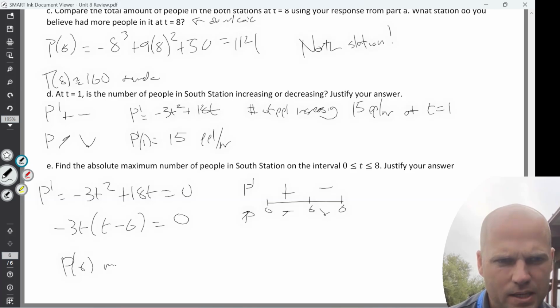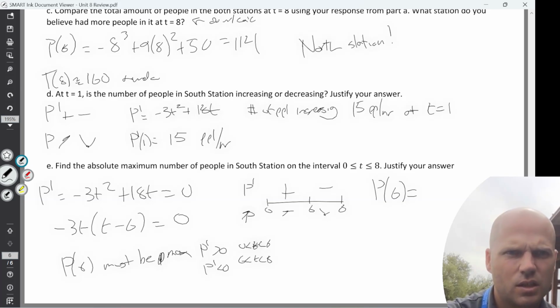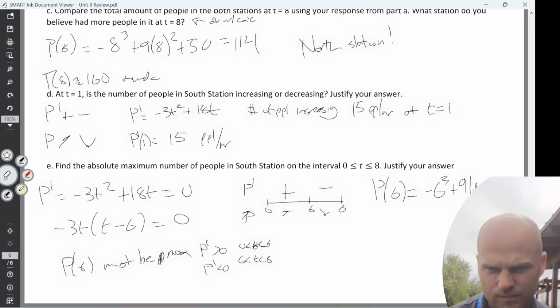P of 6 must be the max, as P prime is greater than 0 from 0 to 6, and from 6 to 8, it is negative. Okay, P of 6 is negative 6 cubed plus 9 times 6 squared plus 50. That's the max number of people.